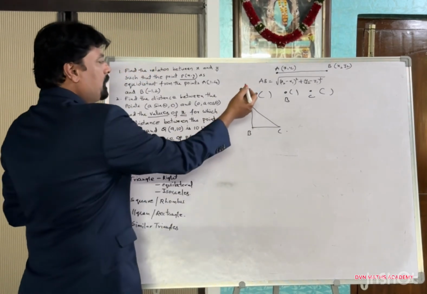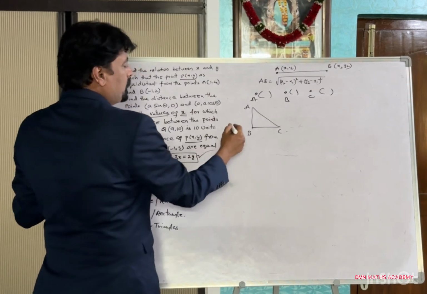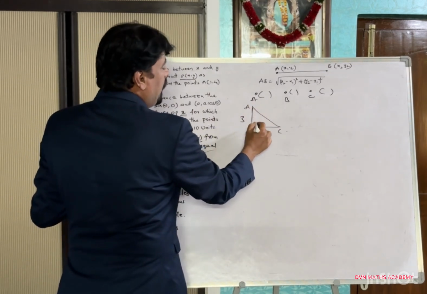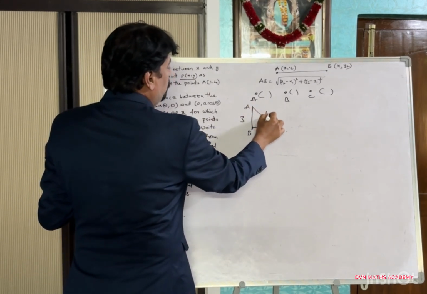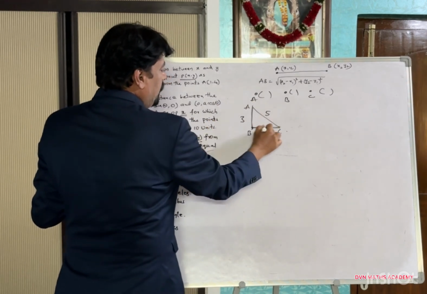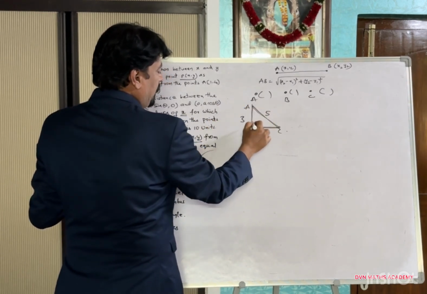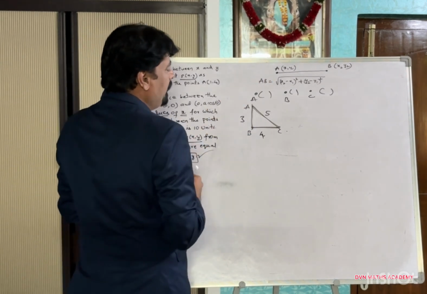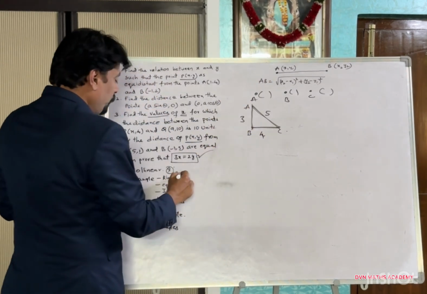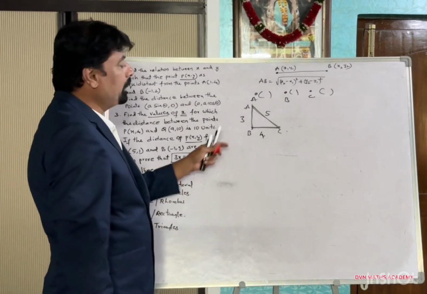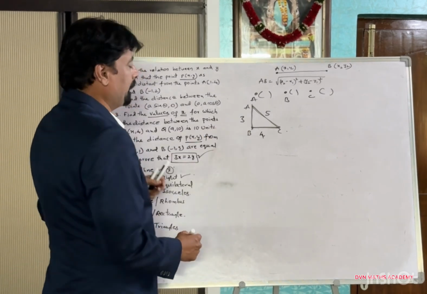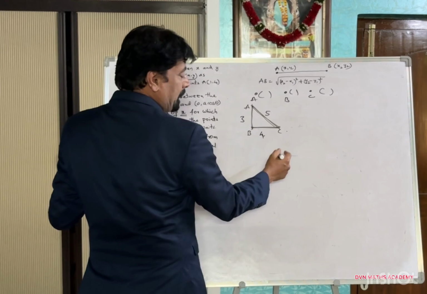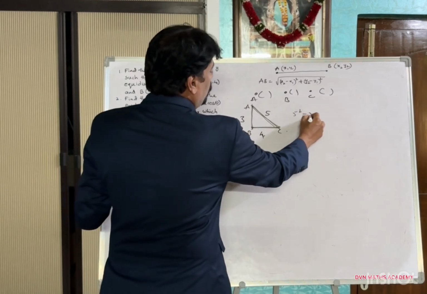Here also we are just using the distance formula. First you find AB is 3 units, BC is 4 units, and AC is 5 units by using the distance formula. Then he is asking to prove it is a right angle triangle, which means you need to check the Pythagorean triplet. AC is the biggest side. 5 squared is equal to 25.